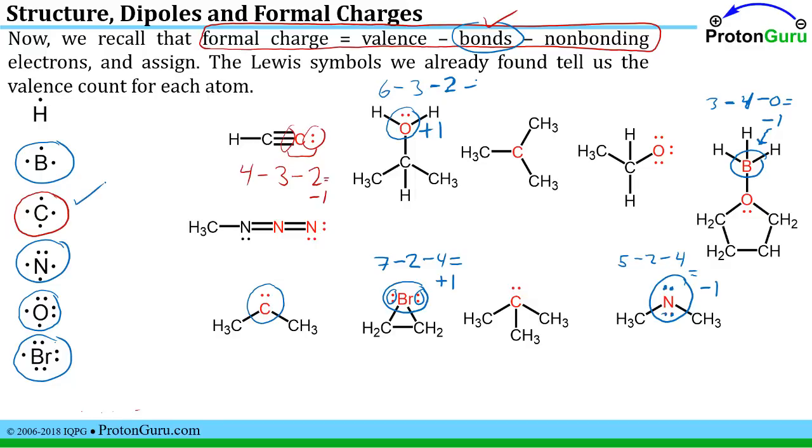Carbon has 4 electrons in its valence shell. It's 4 minus 2 bonds minus 2 electrons that are not in bonds. That formal charge is 0. So it's not the usual neutral state for carbon, but it is an unusual state that happens to still be neutral. So the formal charge on that carbon is 0, even though it's not the usual sort of carbon in a neutral compound we're used to seeing.